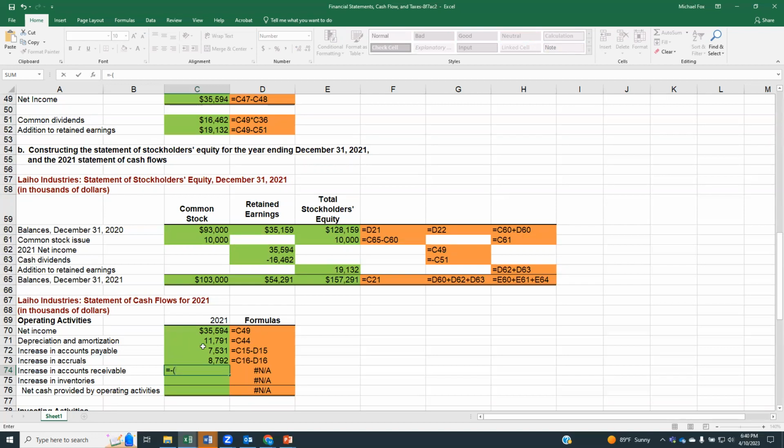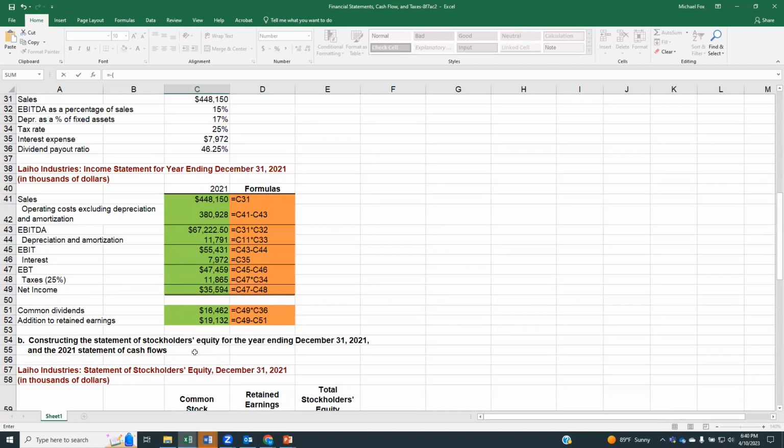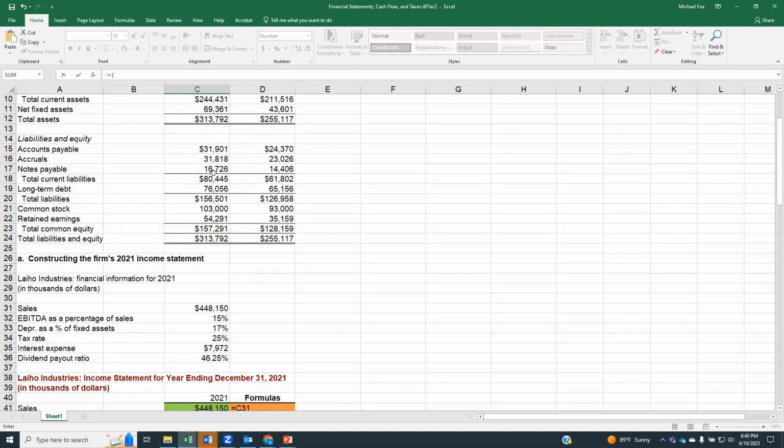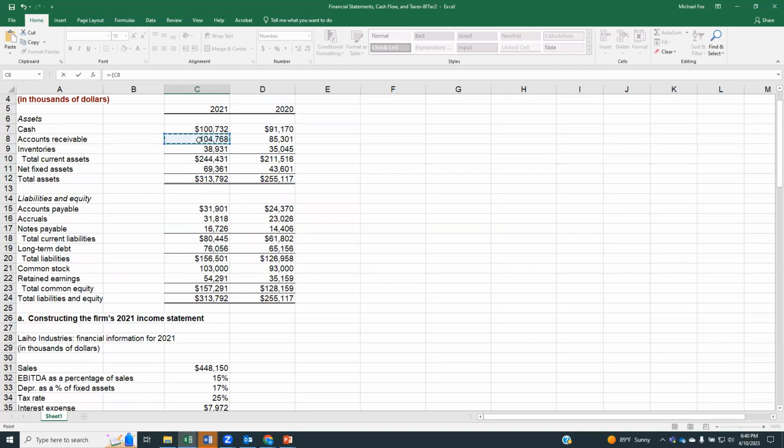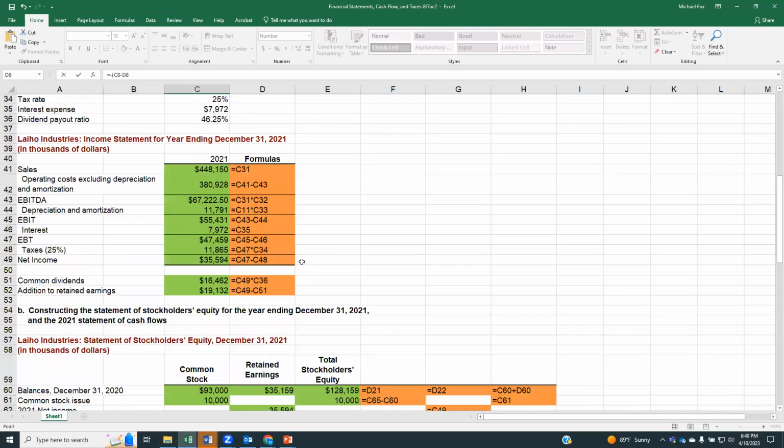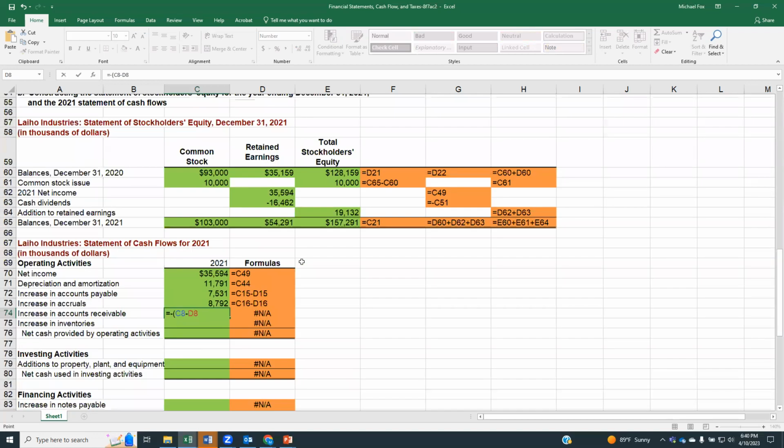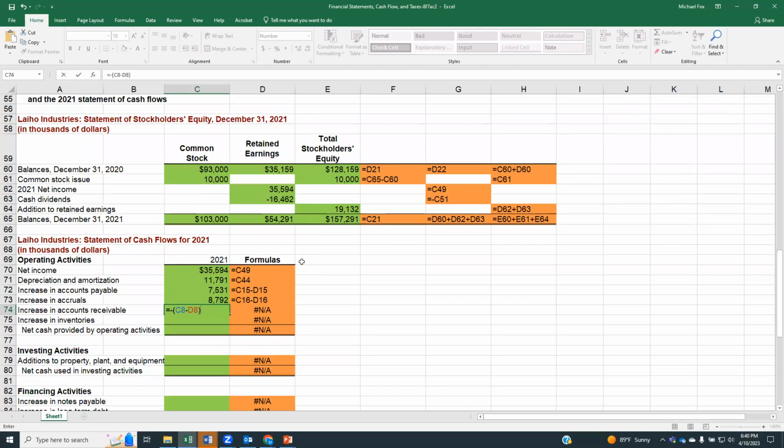But so we'll go up to it. So I put a minus and a parenthesis, and then I go up to accounts receivable. And I click this year's minus last year's. And then I close the parenthesis. So I'm telling Excel, do a negative of whatever we come up with here. So our accounts receivable went up by $19,467.